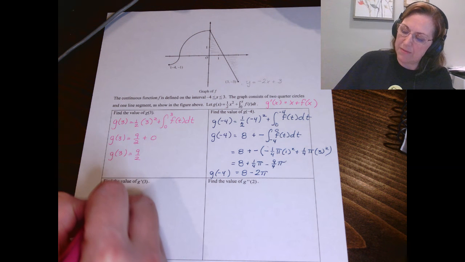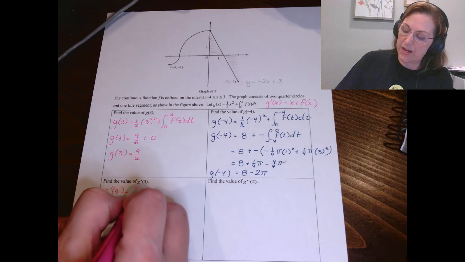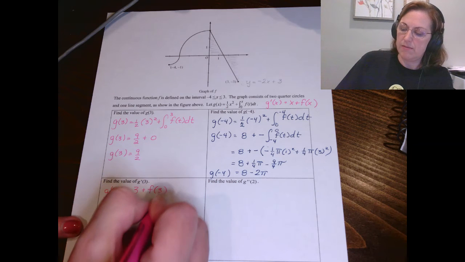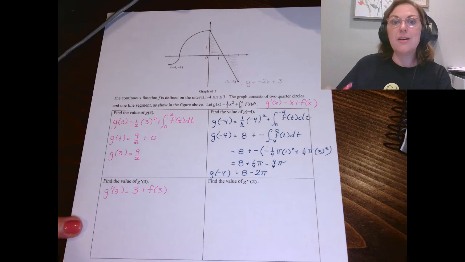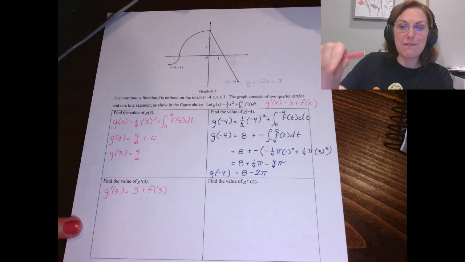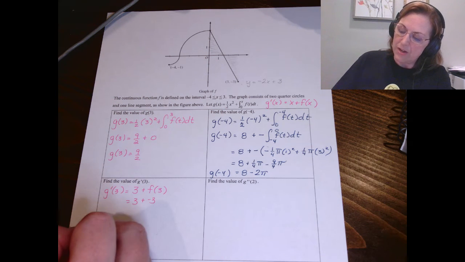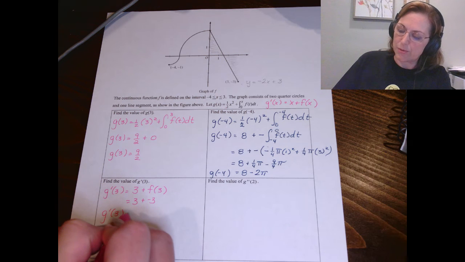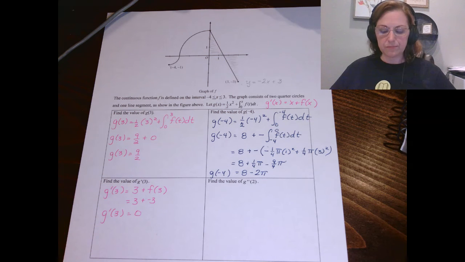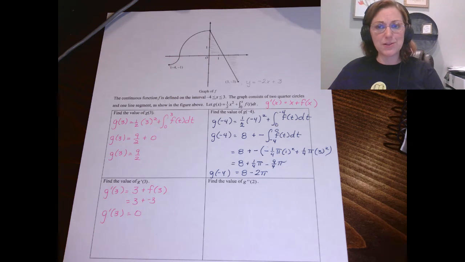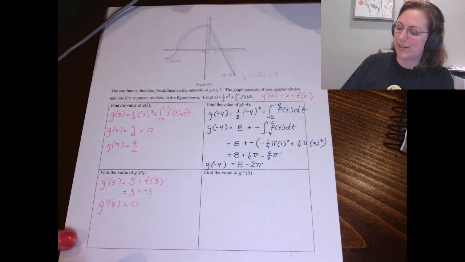So g prime of 3 would be 3 plus f of 3. Remember what f of 3 means. Go on the graph, find the y value when x is 3, and you get -3. So g prime of 3 is actually 0. Don't be worried about the answer being 0. It's a perfectly acceptable answer.